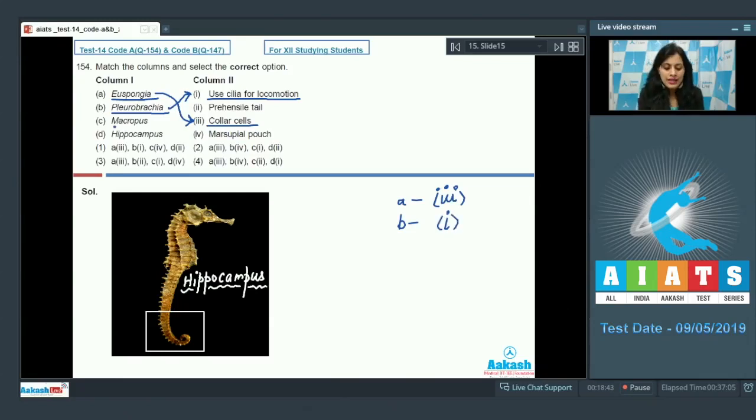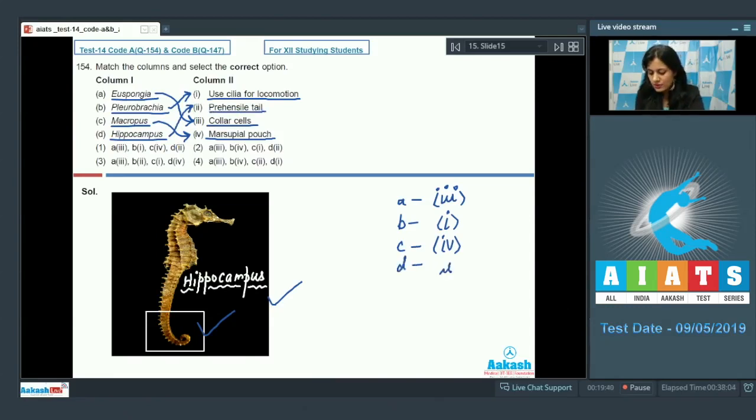The next option is Macropus, and Macropus, which is commonly known as kangaroo, has marsupial pouch to keep their young ones. So C option in column 1 goes with fourth option in column 2, marsupial pouch. And the last option in column 1 is Hippocampus, which is commonly known as seahorse, has a prehensile tail.